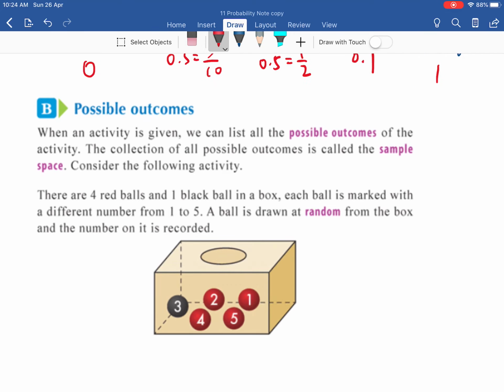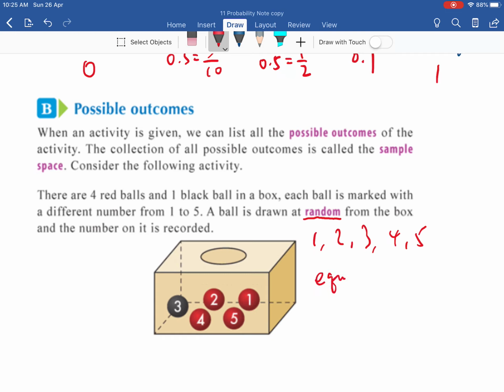And then we go to another term, possible outcomes. Let's look at the box. The box has 1, 2, 3, 4, 5. Whenever you draw one ball out, the possible outcome is 1, 2, 3, 4, 5.